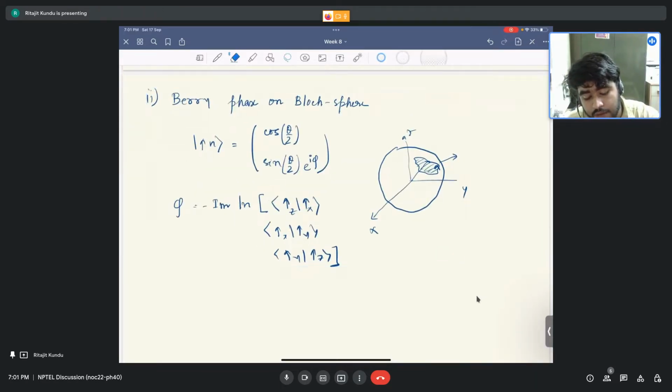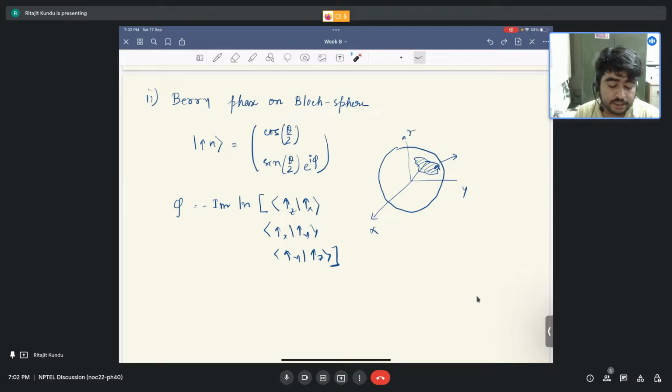From your angular momentum, spin angular momentum sessions, you might be aware that we can write any state of a spin half particle as this, which is a spinor. There is cos theta by 2 and sin theta by 2 sitting here, and the phi is also here. This theta and phi set the orientation of the spin. It tells you in which direction the spin is oriented.